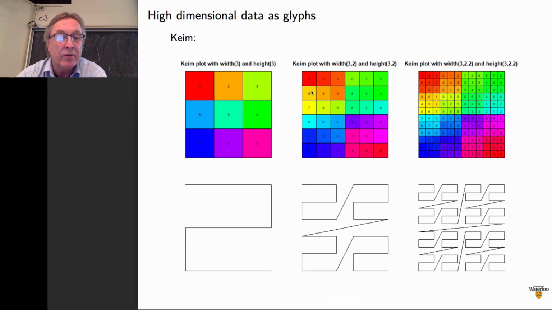So go 1, 2, 3, 4, 5, 6, 7, 8, 9. Back up. 0, 1, 2, 3, 4, 5, 6, 7, 8. Over here, 9, 10, 11, 12, etc. Just following this path. So this parameter here is allowing us a little more control over that layout. And it need not be square anymore.